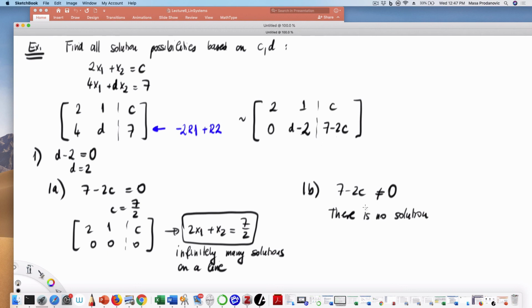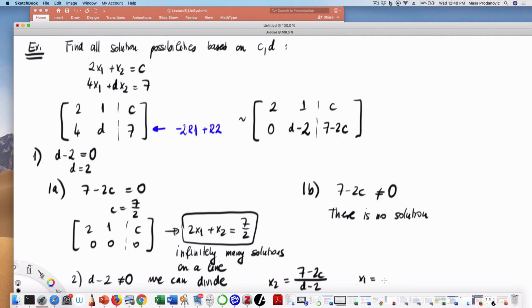Okay, so once these cases are out of the way, now we assume d minus 2 is not 0. Then I can divide by it and find my x1 and x2, right? And my x2 is equal to 7 minus 2c divided by d minus 2.